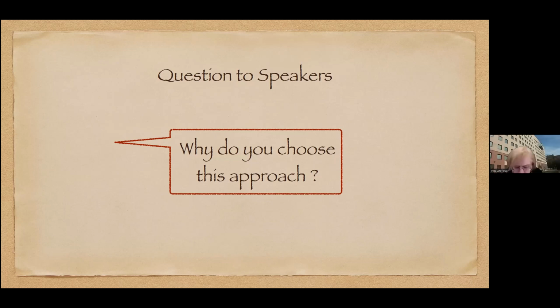In my talk, I mainly described the phase diagram in equilibrium, in some equilibrium state. In fact, my talk today was mainly devoted to studying the equilibrium state.